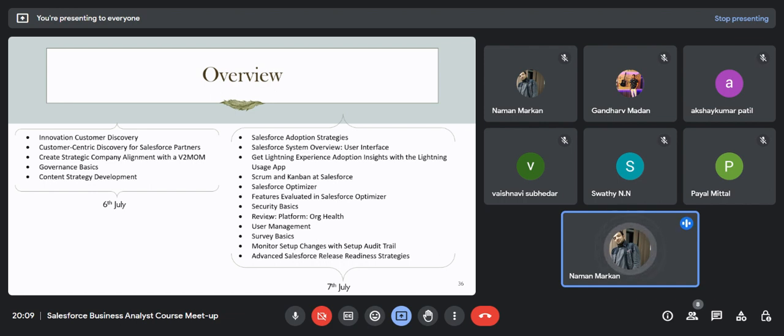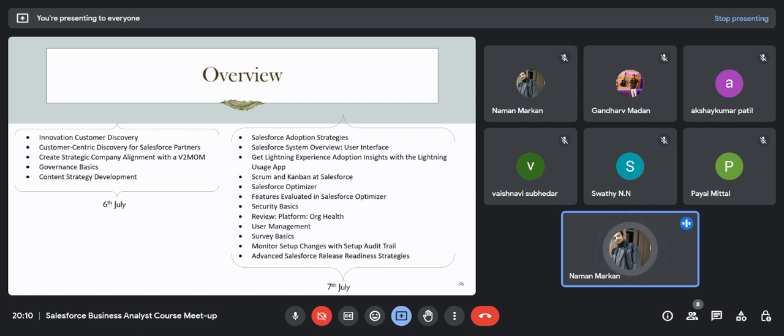Then we started our Salesforce journey, or you can say a CRM journey, where we looked into the user interface, how the CRM looks, and how we can customize it in order to understand the full details available in Salesforce.